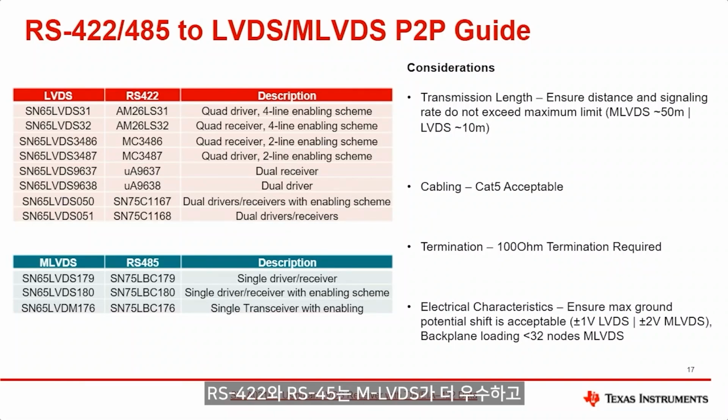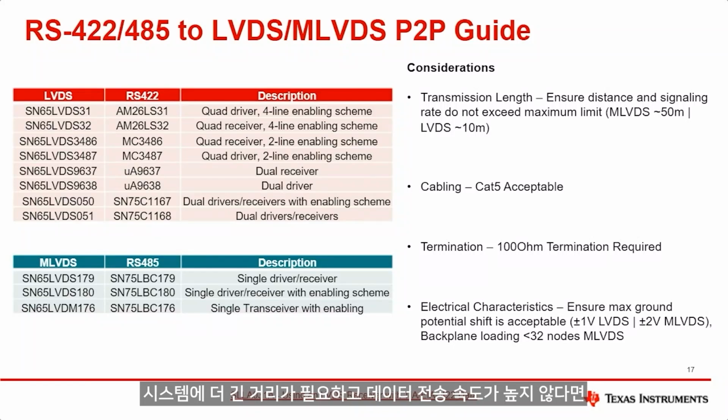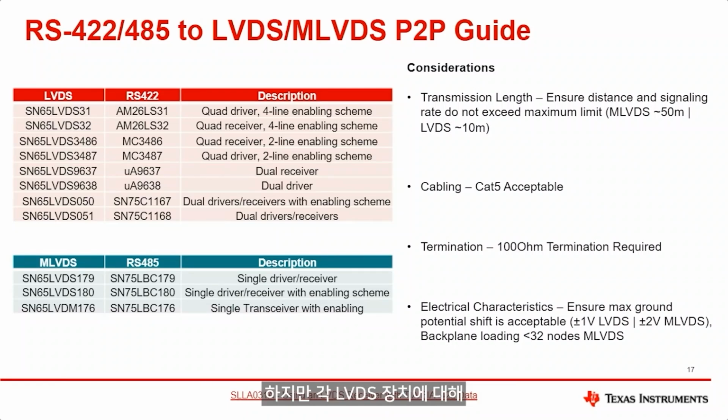RS-422 and RS-485 will have better noise immunity than LVDS and are capable of transmitting over much longer distances. So if your system requires longer distances and not as high data rate, RS-422 and RS-485 might be a good option. But for each of our LVDS devices, we have pin-to-pin compatible RS-422 devices.